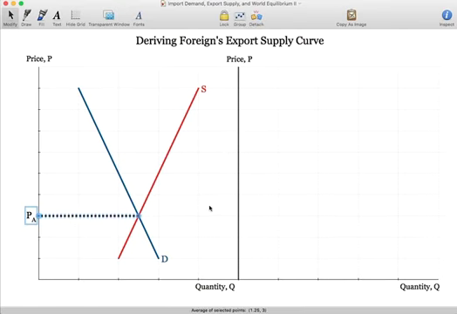So if the world price is equal to the equilibrium price in this particular marketplace, export supply is going to be equal to 0. Because at that world price, the quantity demanded domestically and the quantity supplied domestically are equivalent to one another. Therefore, there is no impetus for these firms to export this particular commodity.